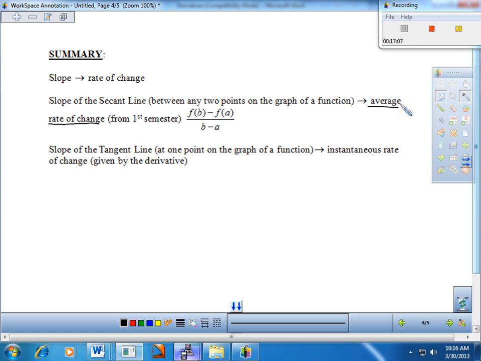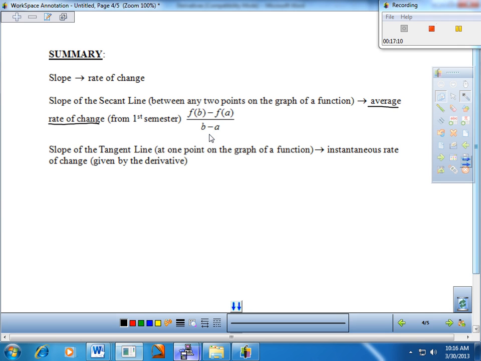That would be how the function is changing between any 2 points on the graph of the function. And this happened to be the formula that we used. It is just slope. y2 minus y1, just in function notation, over x2 minus x1. Again, just using the inputs and outputs. That was definitely from Pre-Calc 1.